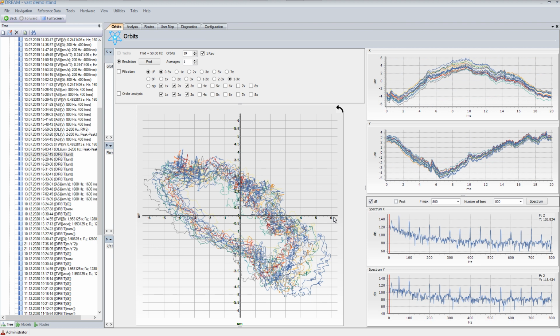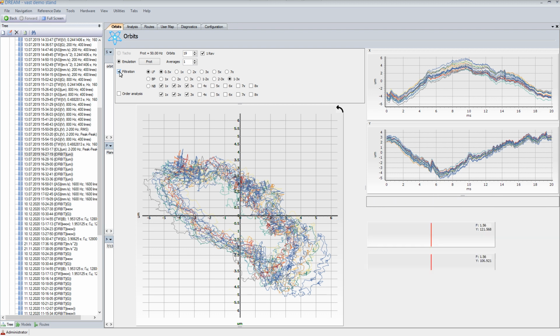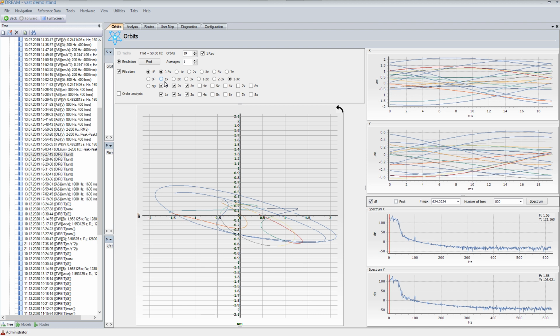So actually 2 of these 6 is the precession, and you can also see it on the horizontal and vertical, that they are a little bit different. So this is the precession of your shaft. We can also judge on it. So this is what we have done to the orbits.